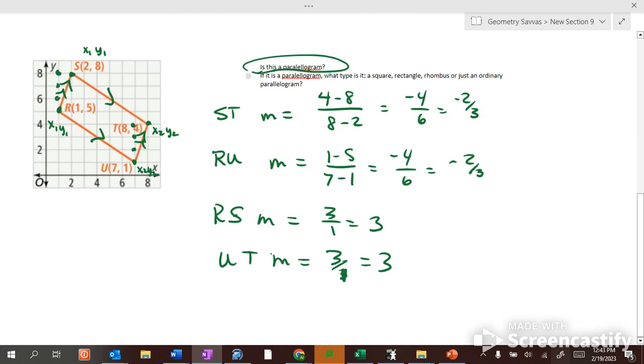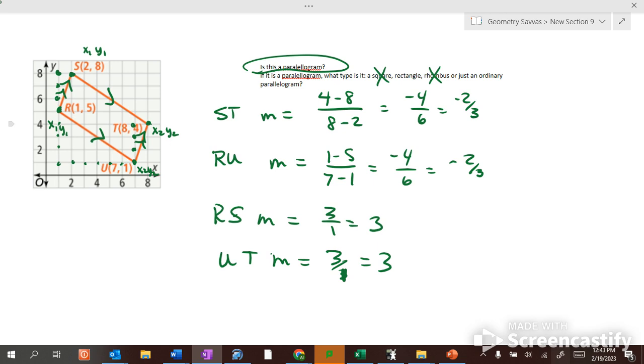Now, is it a square? Well, you can just look and see the distance formula. If we go 1, 2, 3, 4 down, and 1, 2, 3, 4, 5, 6 over. 4 and 6 is a different distance than 1 and 3. So it's not going to be a square and not going to be a rhombus because not all the sides are the same.